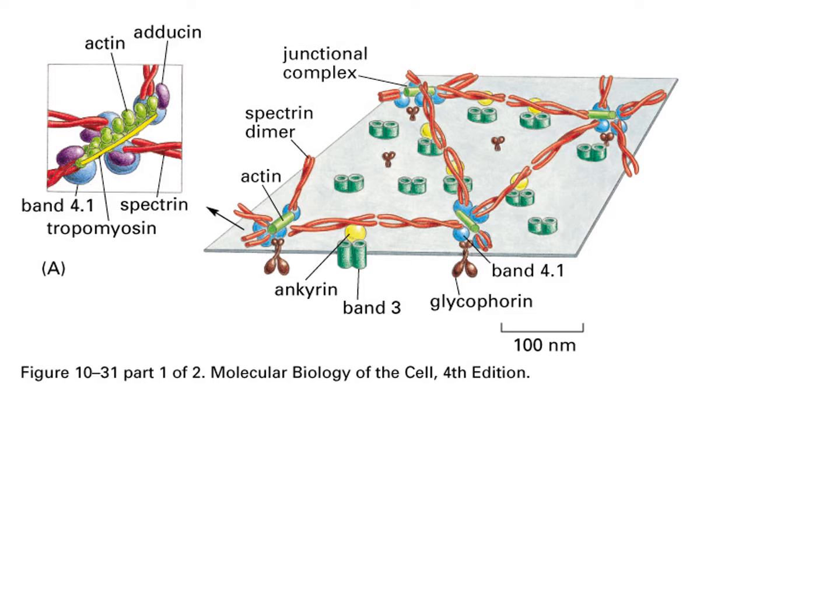There's some actin, adducin proteins, and notice these are feeding into these points. Tropomyosin is related to a contractile protein, band 4.1. So you can see these little points here where there is, they call that a junction complex.